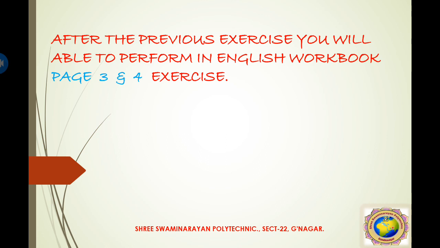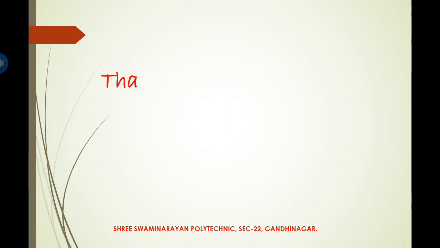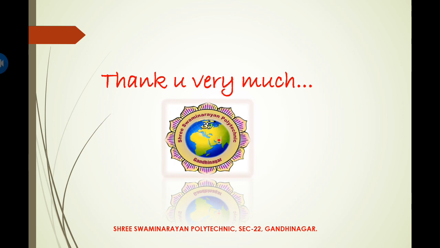Pages 1 and 2 are for the simple present tense, and 3 and 4 for the present continuous tense. Okay. So every student should fill in these particular pages' exercises. So the next topic is present perfect tense. Thank you very much. I hope you can understand very well about the two tenses which we already studied. Okay. Thank you very much.